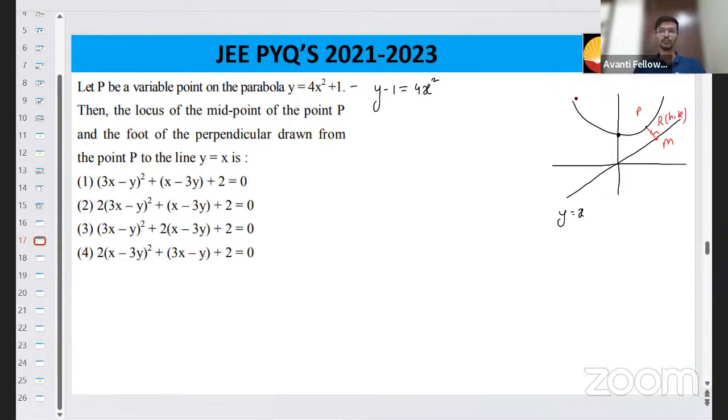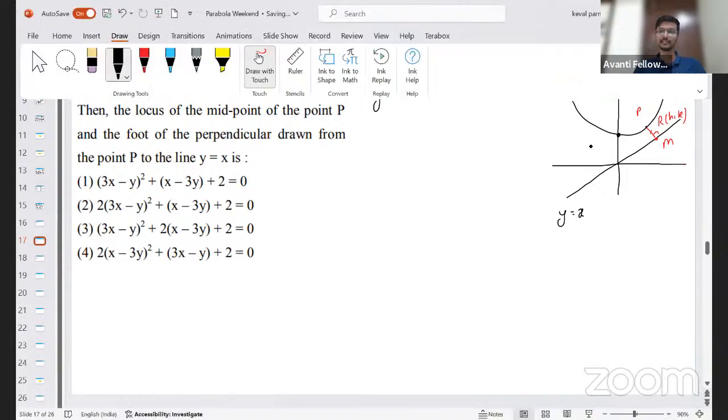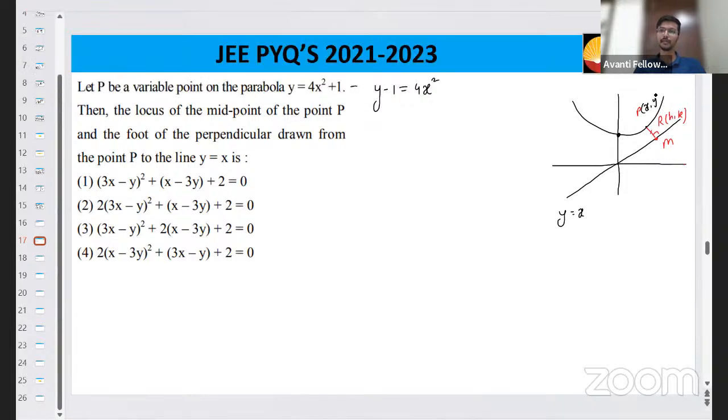Okay, so let's see what conditions we have. One of the conditions is, guys, P is a point on the parabola, so let's say that point is (x1, y1). One of the conditions is that PR is perpendicular to the line y equals x.